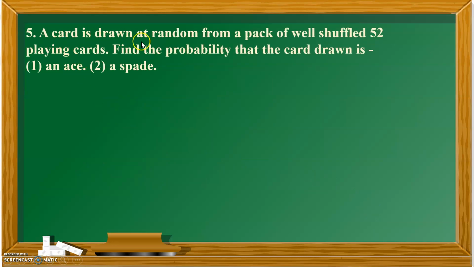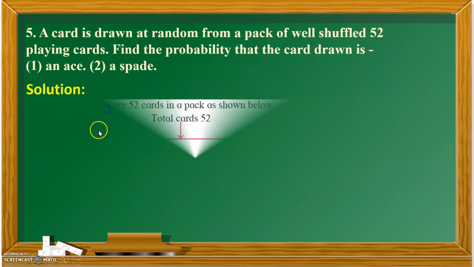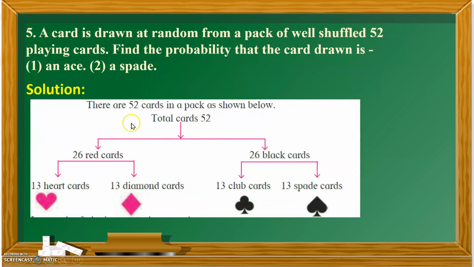A card is drawn at random from a pack of well shuffled 52 playing cards. Find the probability that the card drawn is an ace, and a spade. Whenever you are dealing with a well shuffled pack of 52 cards, we need to know how the cards look. How are these 52 cards placed in the pack? Let us look at this arrangement.